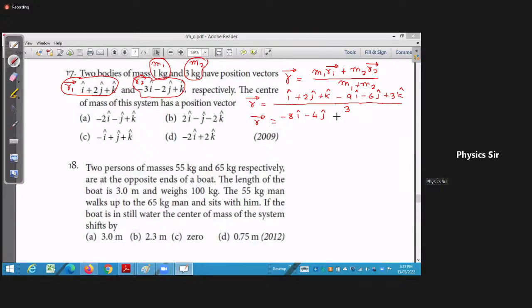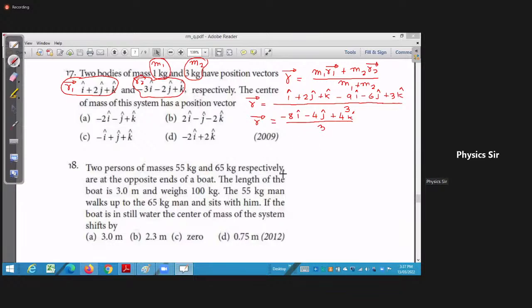And plus k, 3 plus 1... k plus 3k, it is 4k. Divided by 3.